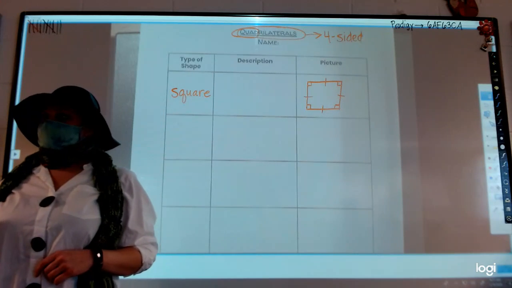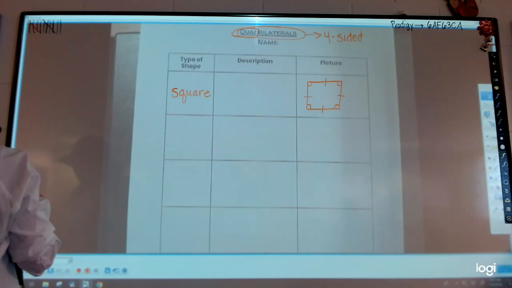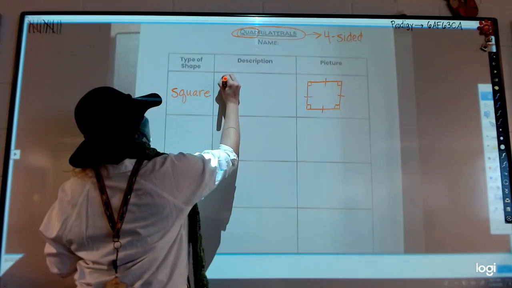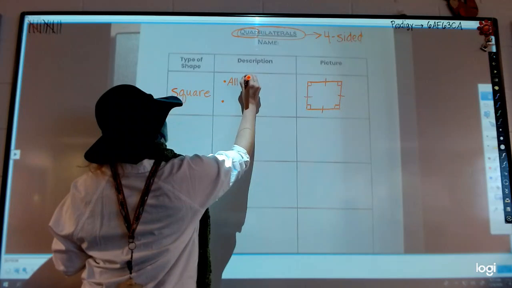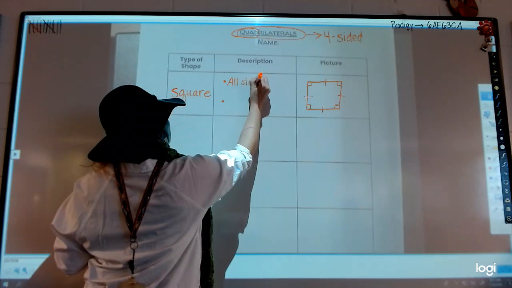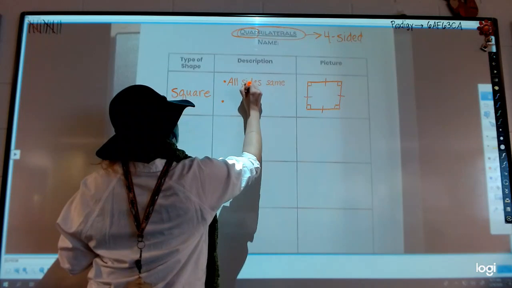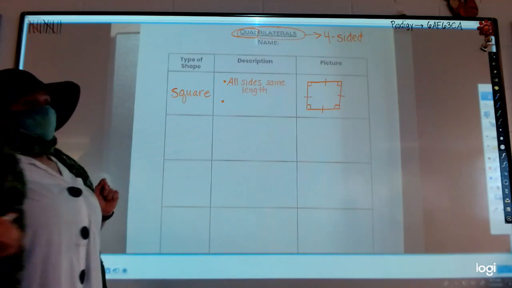All right. So, definition of a square. You guys ready? All sides are the same length, and there are 4 right angles. So we can do bullet points, 2 of them. All sides, same length. Which we knew that, right?